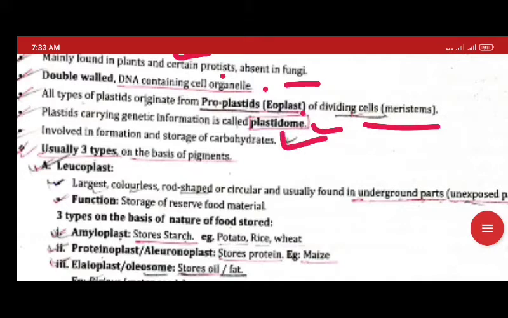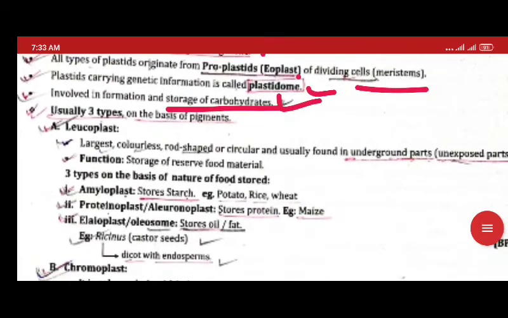It is the main plastid for storage of carbohydrates. Function: formation of what? Formation of ATP, no, formation of food. It is involved in the formation and storage of carbohydrate, that is, food.